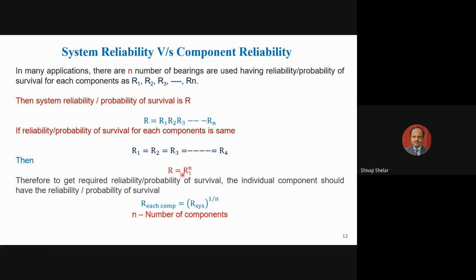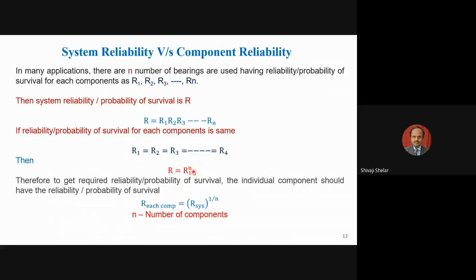From this you can evaluate the minimum reliability required for each component if you finalize the system reliability. Suppose you finalize the system reliability as 80%, and there are 2 components. Then what is the reliability of one component? 0.8 equals R1, which is unknown, raised to 2. So R1 will become 0.8 raised to 1 by 2.